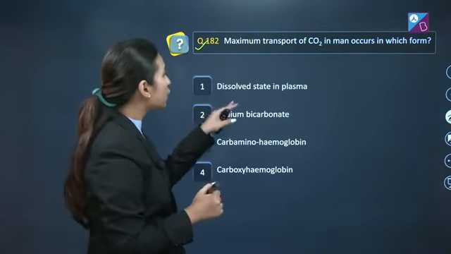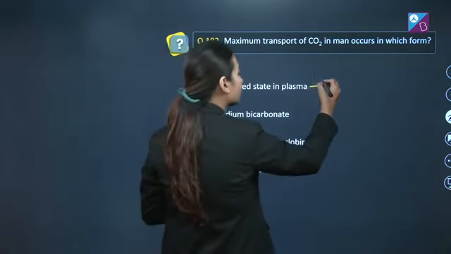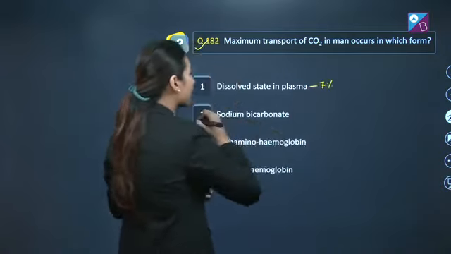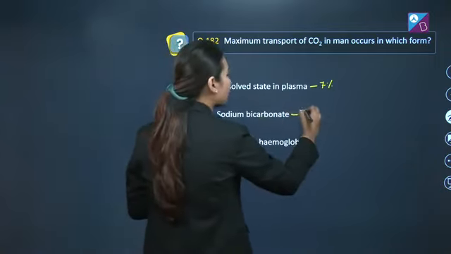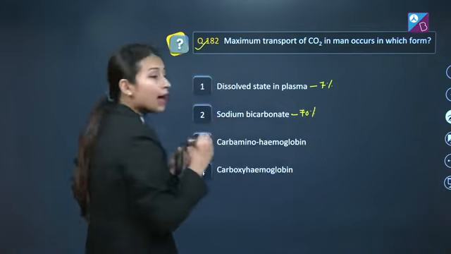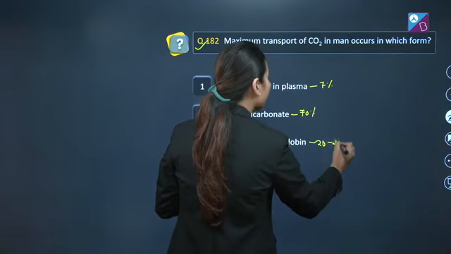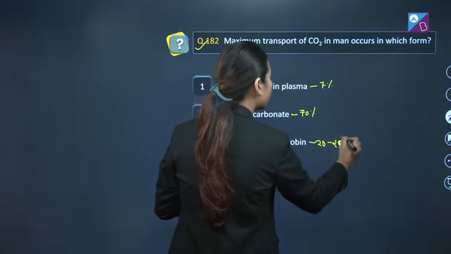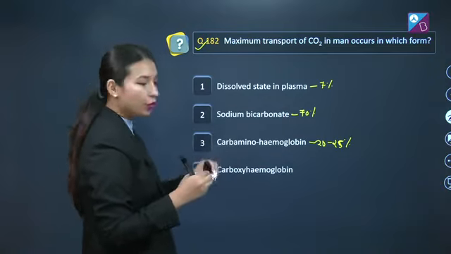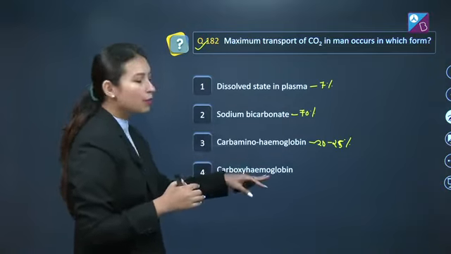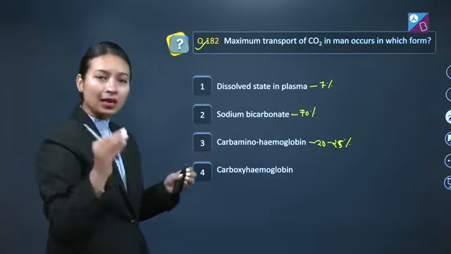So CO2 is transported in dissolved state in plasma in about 7%, and about 70% of CO2 is transported as bicarbonate ions, and about 20 to 25% of CO2 is transported in the form of carbaminohemoglobin, and carboxyhemoglobin forms when carbon monoxide combines with hemoglobin.